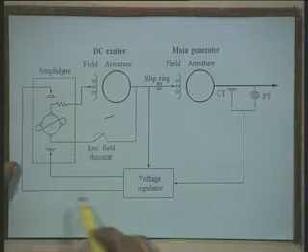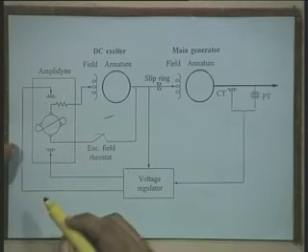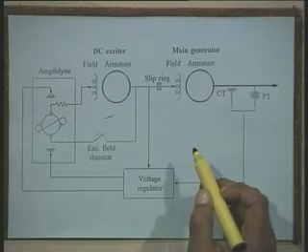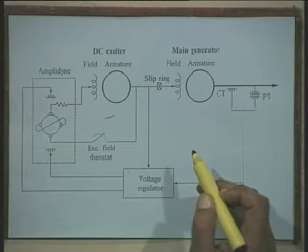The voltage regulators may be a rheostatic type or the magnetic amplifier or amplidyne type, and this type of excitation systems are still existing in many of the power plants, and therefore, modeling of this DC excitation system is also important. We shall discuss the modeling of DC excitation system separately.